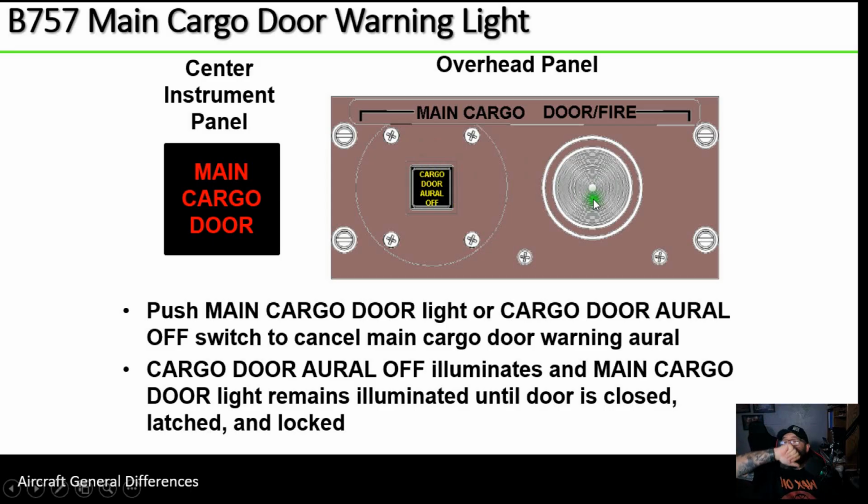It silences this horn. Again, this panel does not exist in a 7.6, but it exists here in the 7.5. It goes off for a main cargo door being open, or a main cargo fire. So that horn is for the fire, or the main cargo door being open.